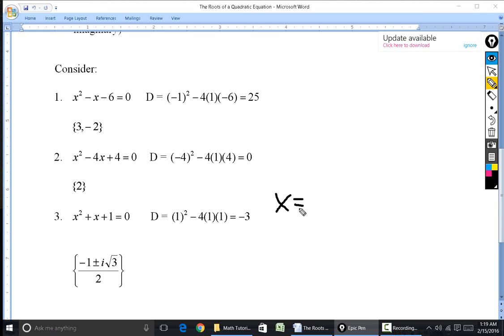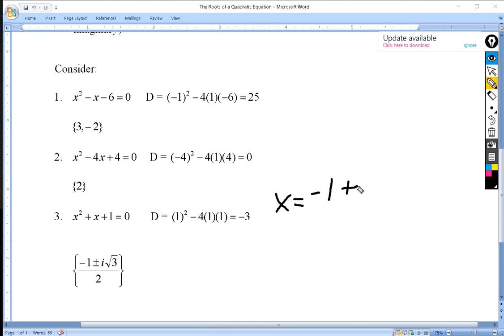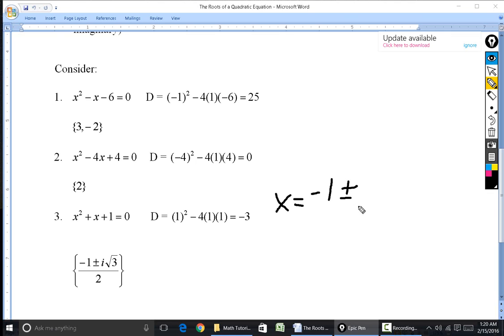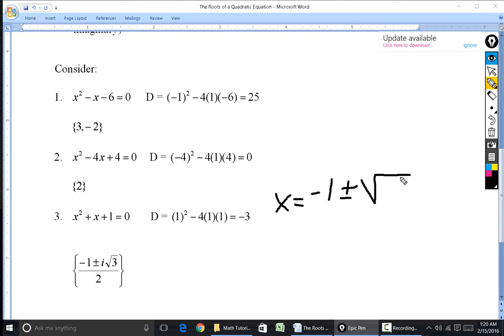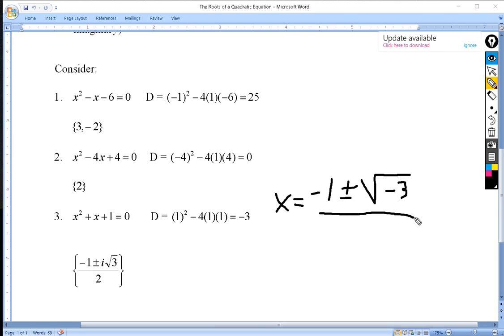But in this case, it would be minus b, and b is 1, plus or minus the square root of b squared minus 4ac, which is calculated right here. So that'd be negative 3, over 2 times a, and a is 1, so 2 times 1.